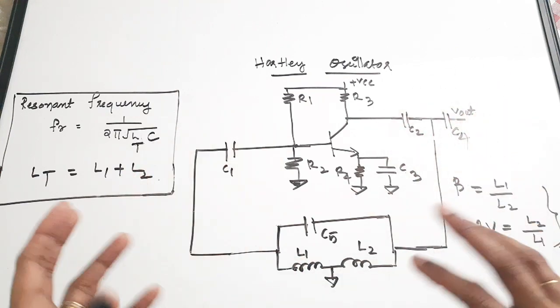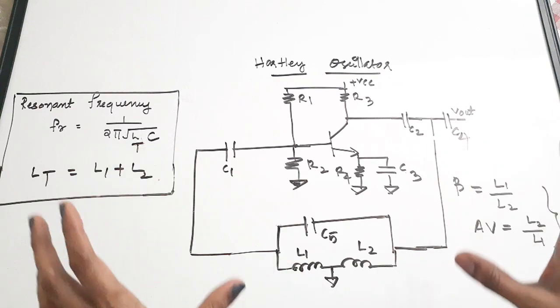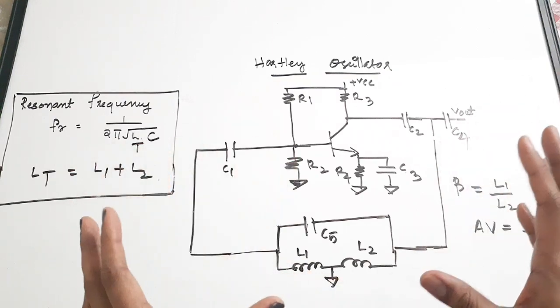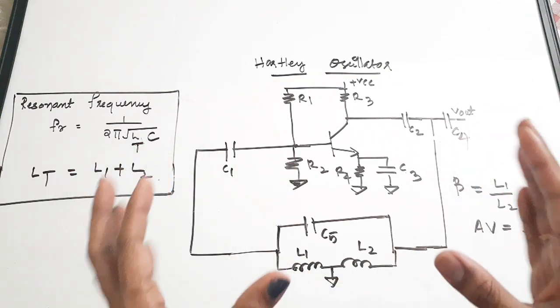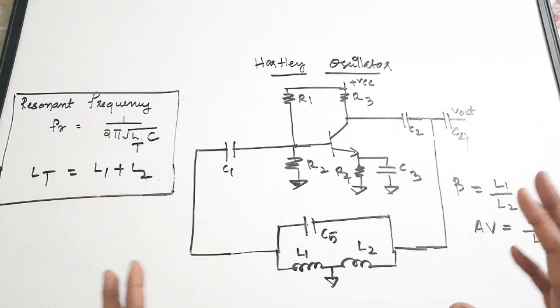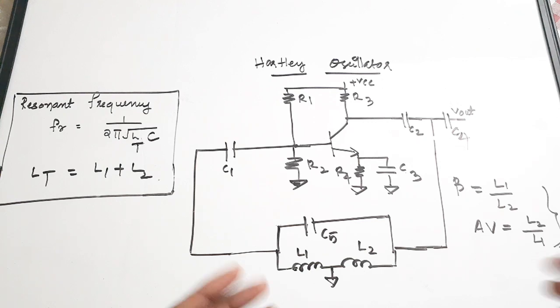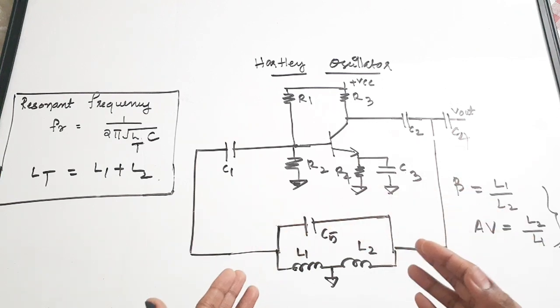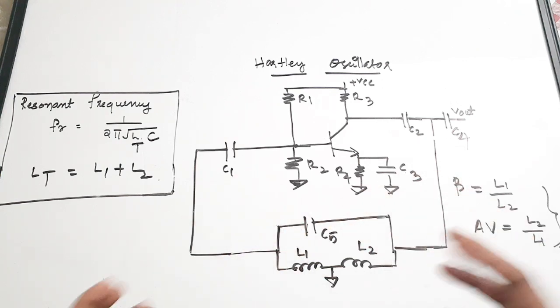You may have a FET combination also, but generally you see BJT common emitter amplifier stages, and these stages are used the same in Clapp, Colpitts and also in Hartley. The difference is only in the feedback circuit, which actually varies.